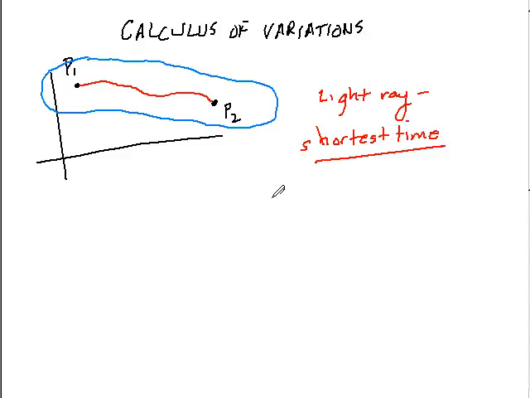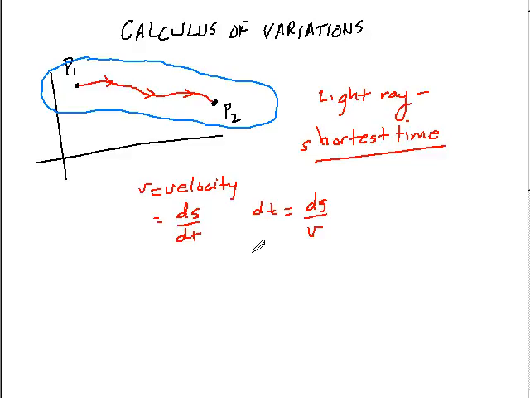Now, what's the time between paths? Well, if we look at the velocity, it is the derivative of the length on this path with respect to time. That means dt is equal to ds over v.